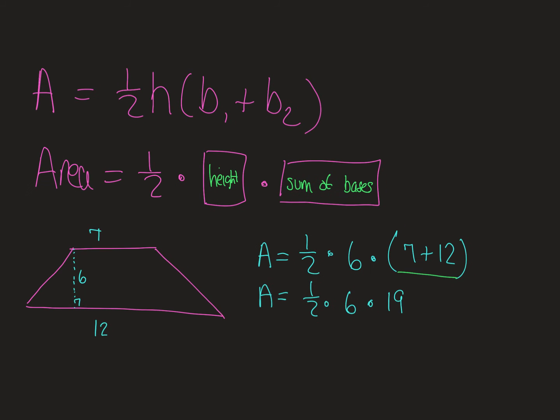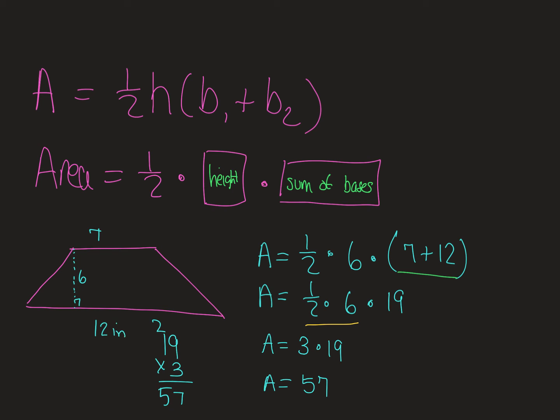Now this is kind of like a triangle where I have options. I could take half of 6, half of 19, or multiply 6 and 19. So I think I will take half of 6 and write 3 times 19 for my third line. This one has 4 lines. 19 times 3 is going to be 57.